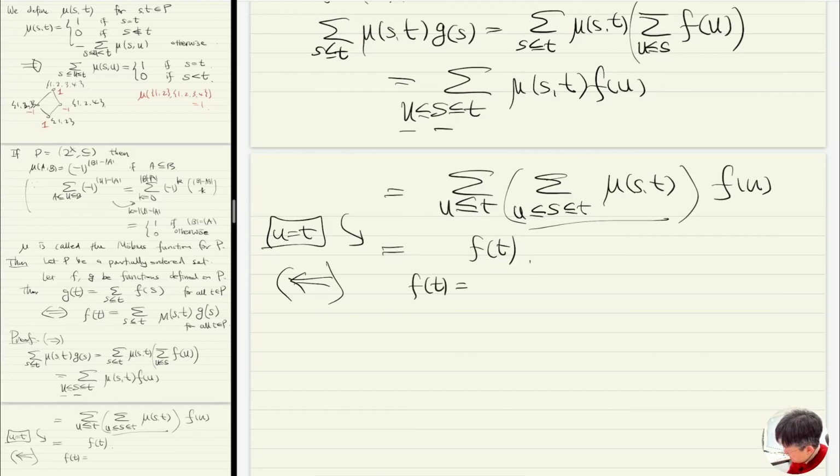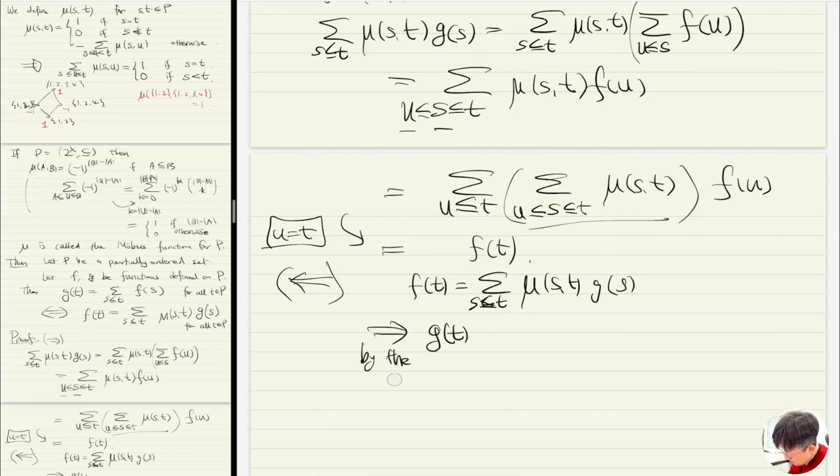Imagine that I know F of T is the sum over S of mu S T and G of S. Then G of T, by the forward direction, is obtained by adding this again with mu S T, and I'm getting this expression over here.